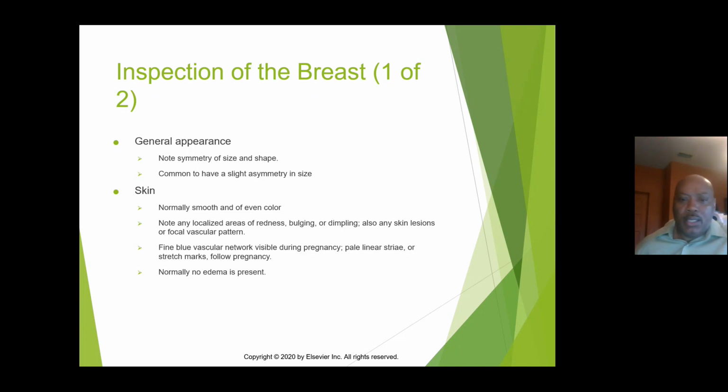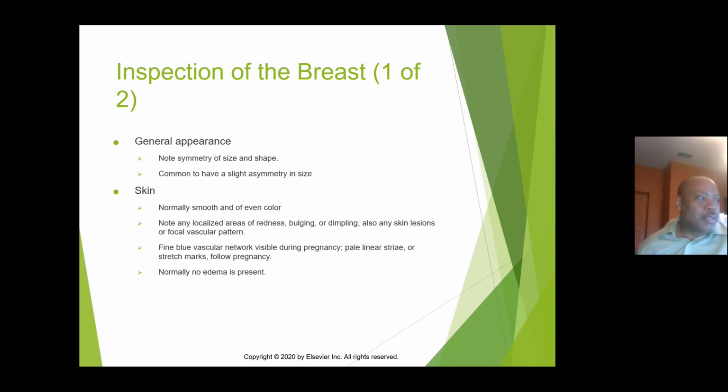Normal is smooth, or even color rather. Then also note any localized areas of redness, bulging, dimpling, also any skin lesions or focal vascular patterns. All right. And of course, let's see.